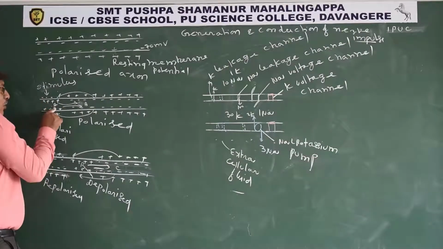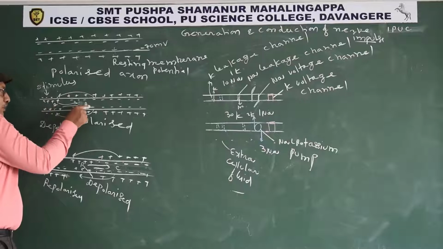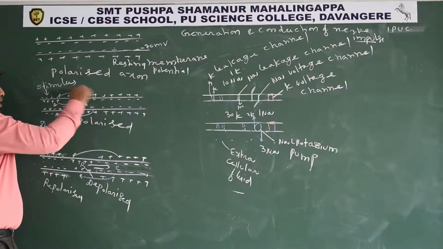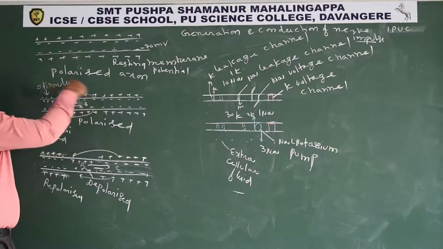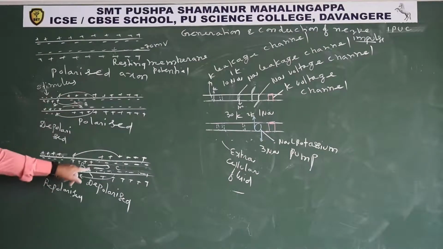So the electrical potential of A differs from B. So the current flows from A to B. The current flows from A to B inside the axoplasm. The current flows from B to A outside the axoplasm. So the positive charge enters B. As it creates positive charge in B, as a result, the B part is electrically positive, meaning depolarized.